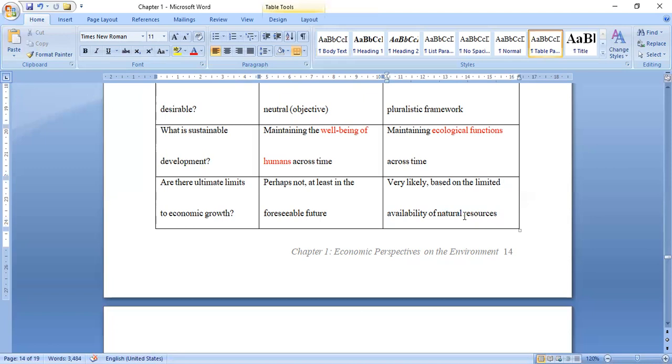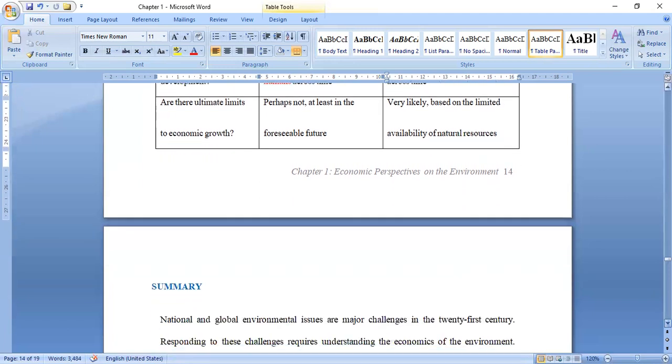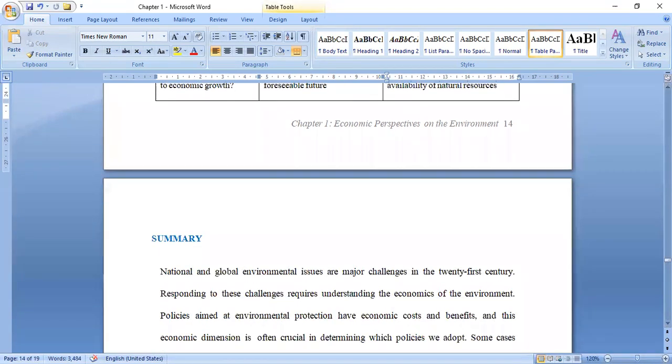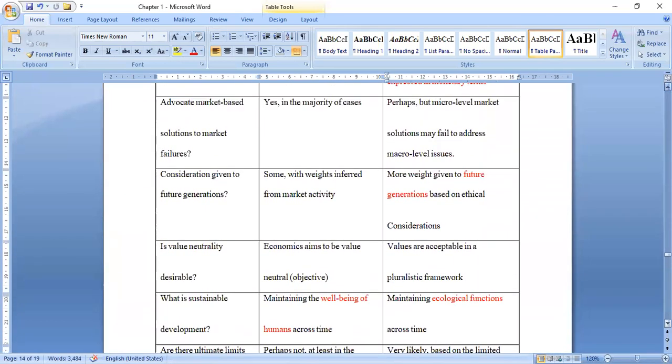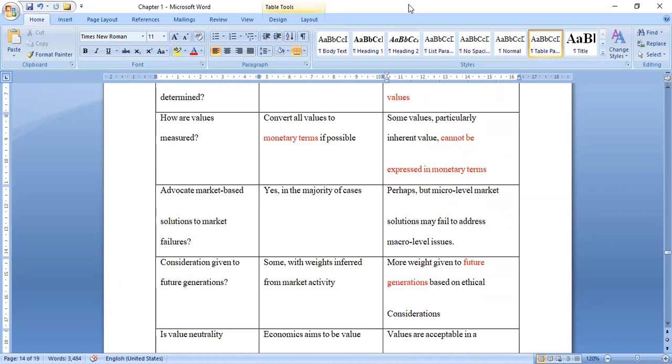So for them, there is very likely to be a limit to economic growth as long as there is limited availability of natural resources. So unless there is any question, there?